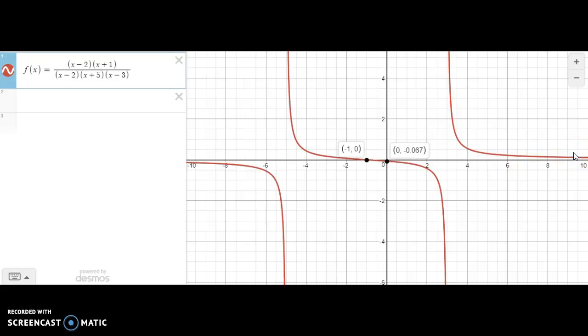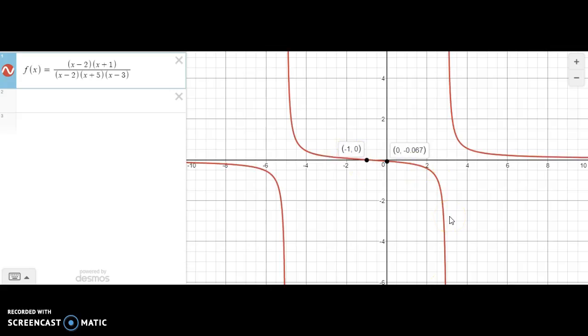Then you're going to find your range, which is all the y values in a function, and this is all real numbers because it goes from positive infinity through to -infinity.